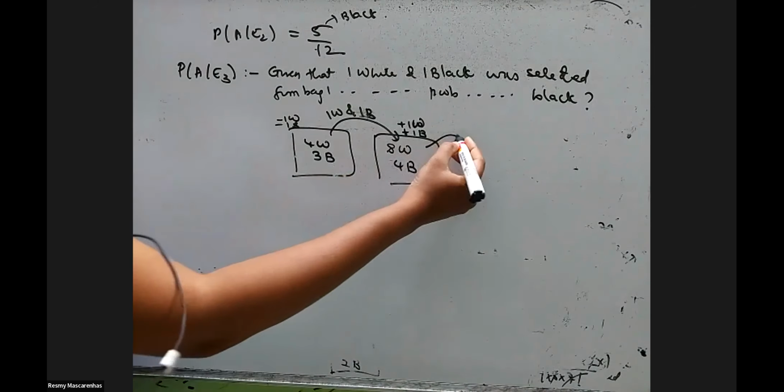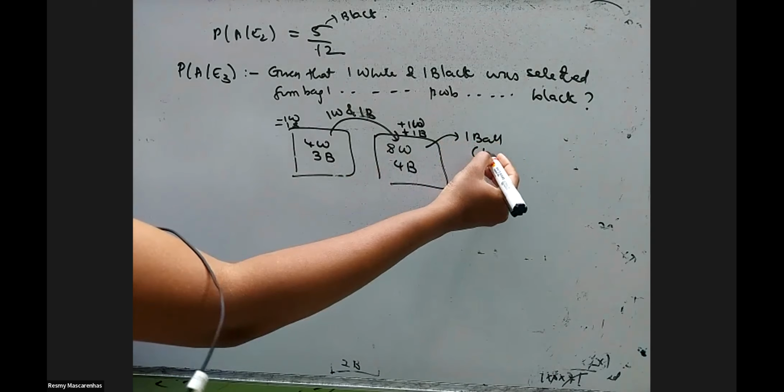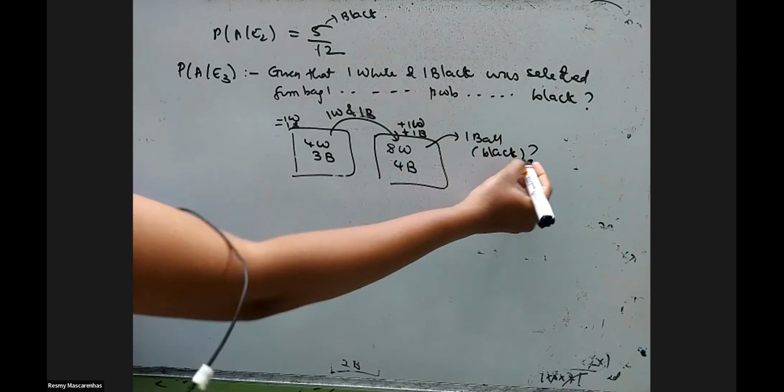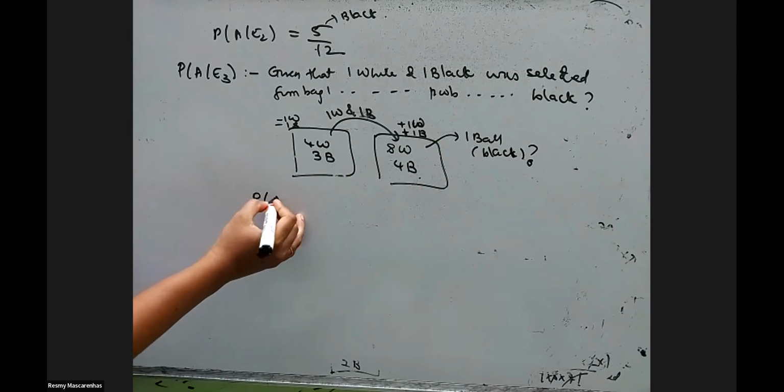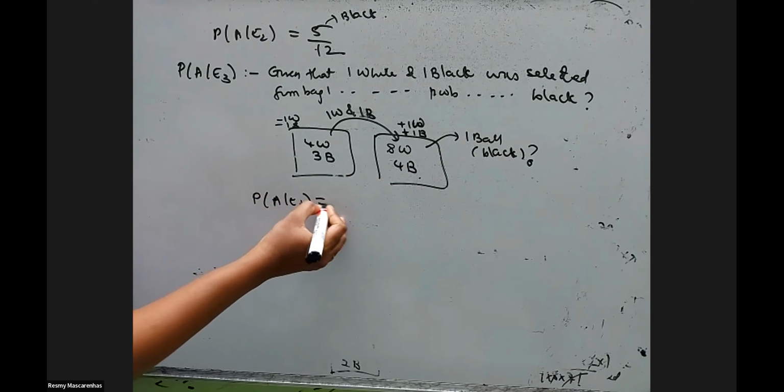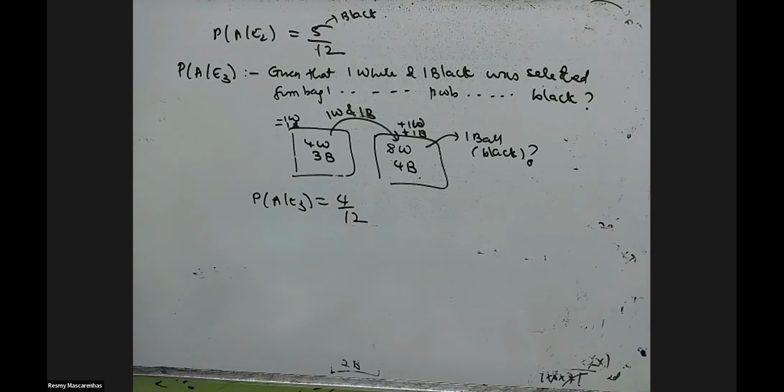So that has to be black only. What are the chances now for it to be black? 4 out of 12.